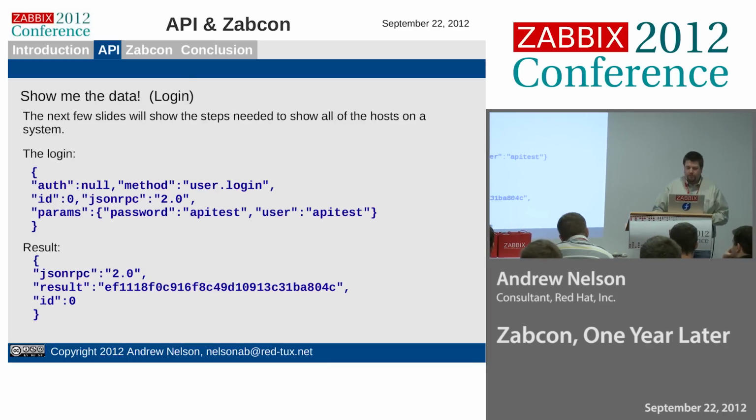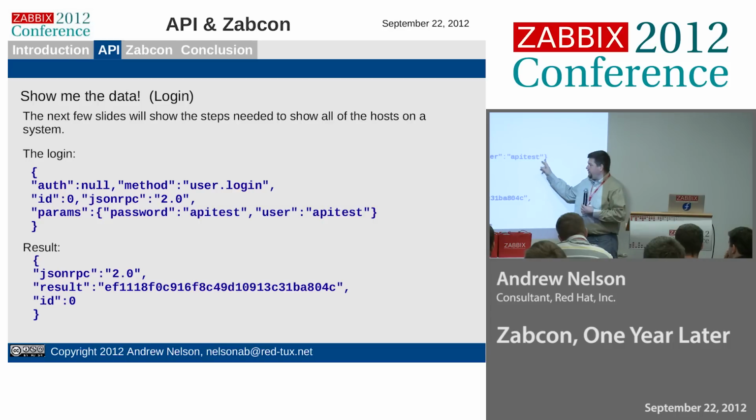The libraries that some people have created help to simplify these things. As we can see here, here's a standard login where we don't have an authentication key already. We're going to call the method user.login. We have an ID string. Since this is our first JSON call, we're going to give it an ID of 0. We're using the JSON RPC 2.0 spec, and then we're passing in our params, here, password, API, user, and so forth.